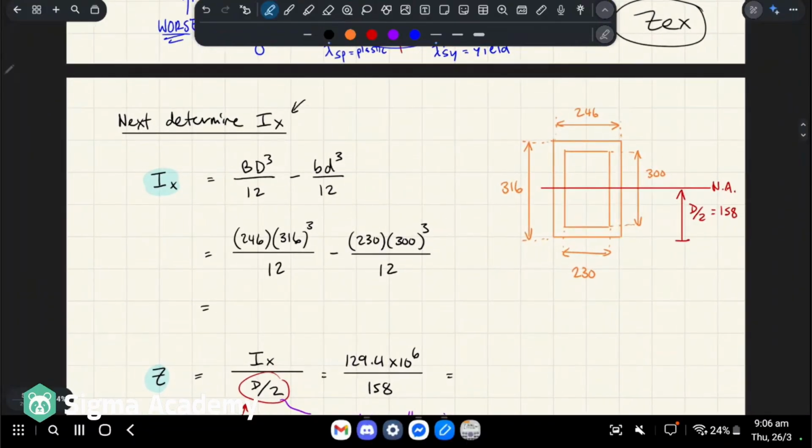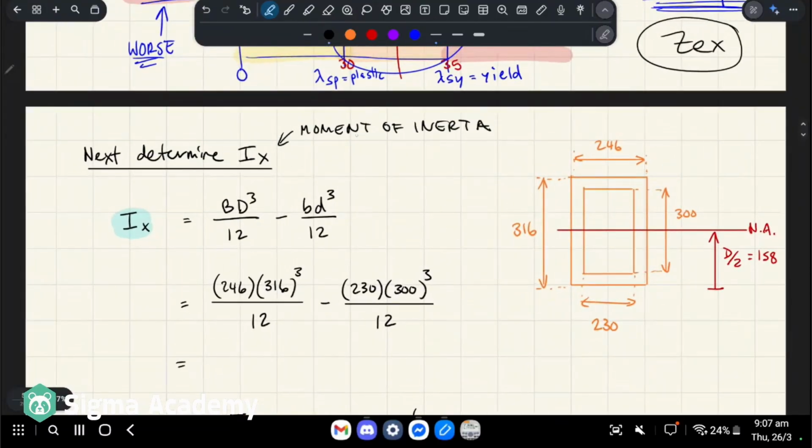So Ix is your moment of inertia, right? And specifically bending about the XX axis, right? So major axis bending. Yeah, it's going to be bending that way. Okay.